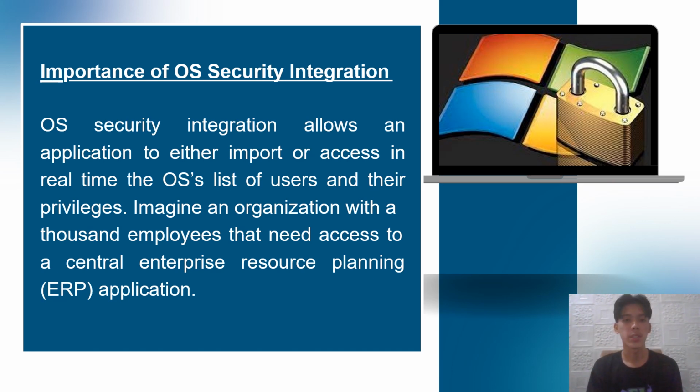OS security integration allows an application to either import or access in real time the OS list of users and their privileges. Imagine an organization with 1,000 employees that need access to a central enterprise resource planning (ERP) application.